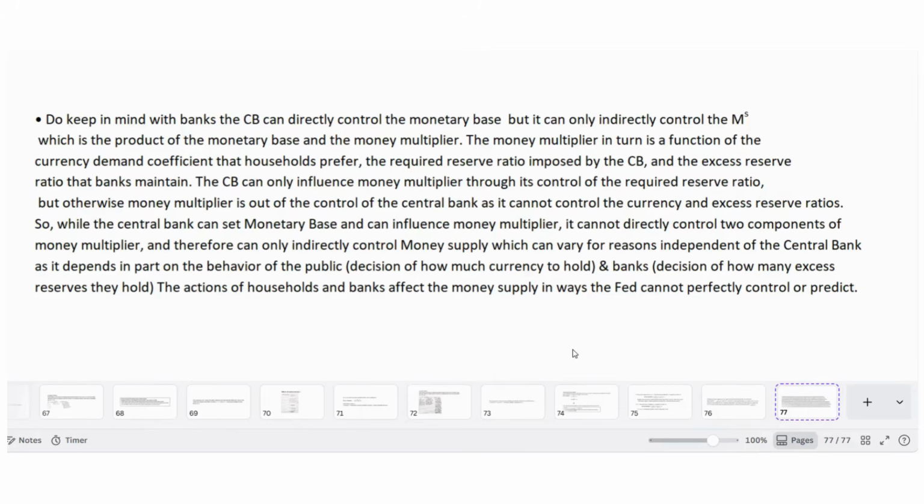Therefore, it can only control money supply indirectly, and the supply can vary for reasons independent of the central bank, as the money multiplier depends in part on how much currency the public chooses to hold and how many excess reserves banks choose to hold. So the actions of households and banks affect the money supply in ways the Fed cannot perfectly control or predict.